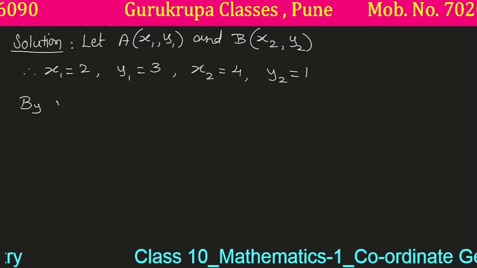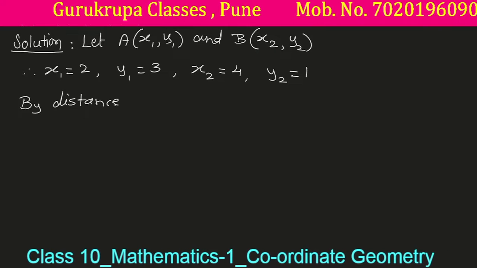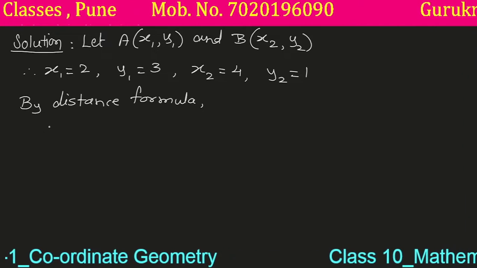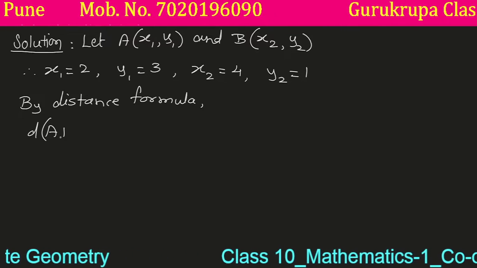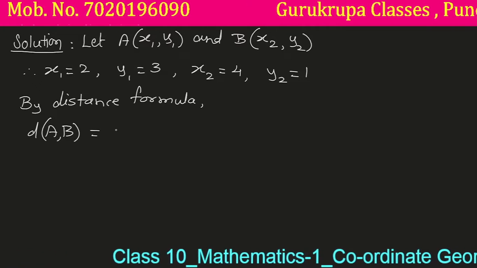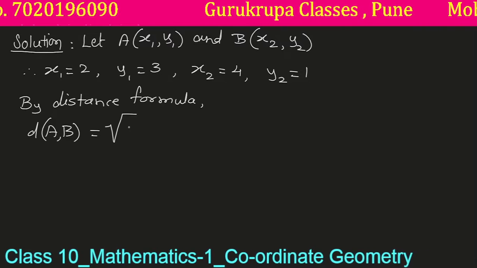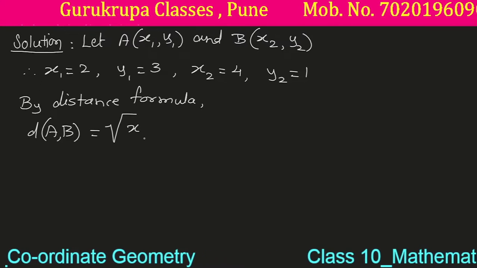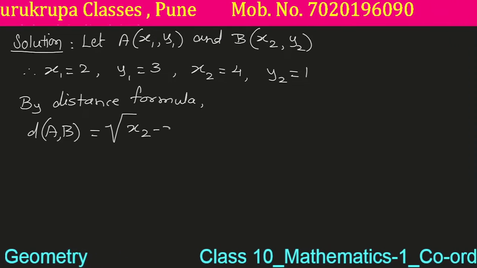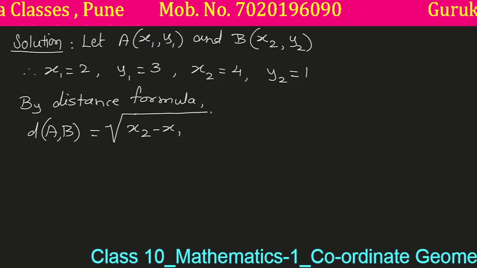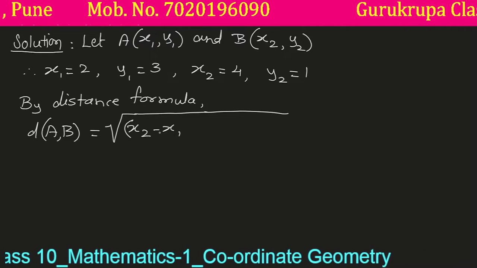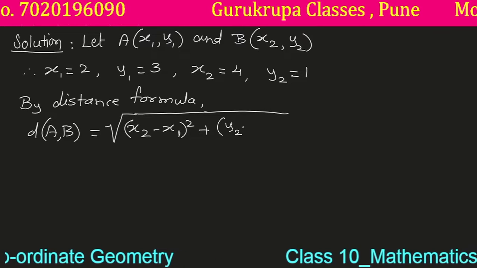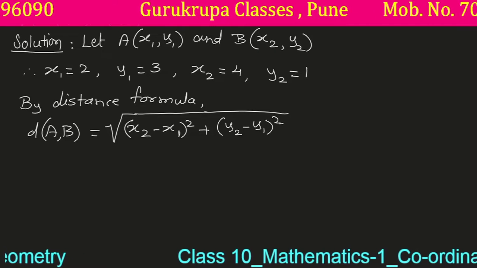So by distance formula, distance AB, distance A to B, A comma B is equal to square root of x2 minus x1 whole square, plus y2 minus y1 whole square. This is our distance formula.